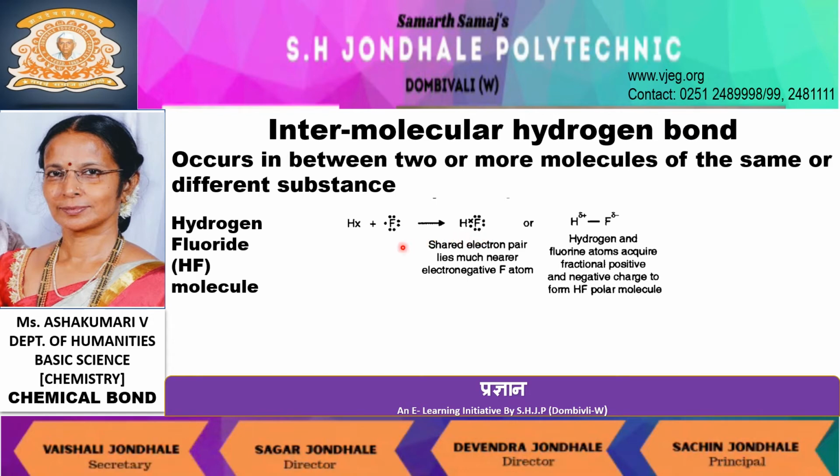That is, this is the shared electron pair. It lies nearer to the fluorine atom. This results in the development of partial ionic character, having a fractional positive charge on the hydrogen atom and a fractional negative charge on the fluorine atom.